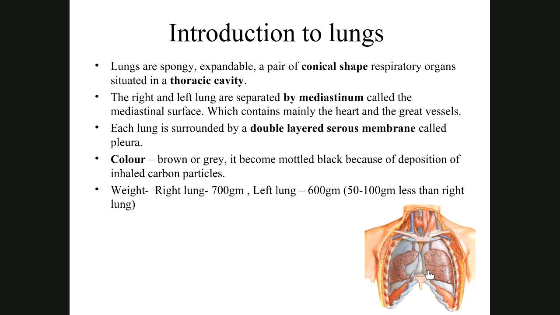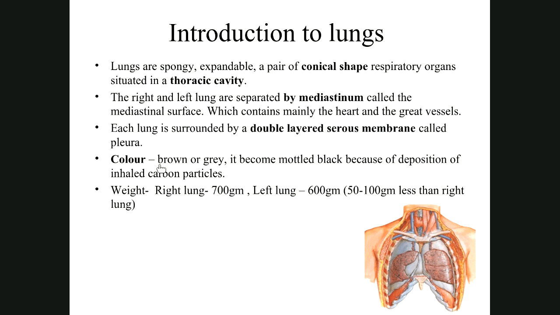That surface of the lungs is called the mediastinal surface. This mediastinum, as already told, contains the heart and great vessels. It is surrounded by a double layered serous membrane, called pleura.